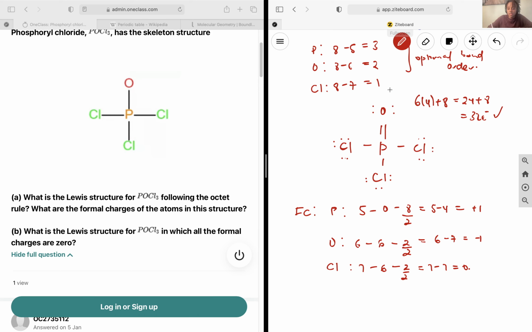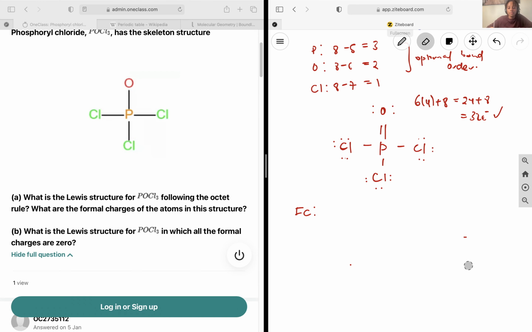And so in this case, let's just ensure all of those formal charges are 0, because that is what is asked for. On the phosphorus, we're going to have 5 minus 0 minus 10 over 2. That is going to give us 5 minus 5, which is 0. On the oxygen, we're going to have 6 minus 4 minus 4 over 2. That's going to be 6 minus 6, which is 0.